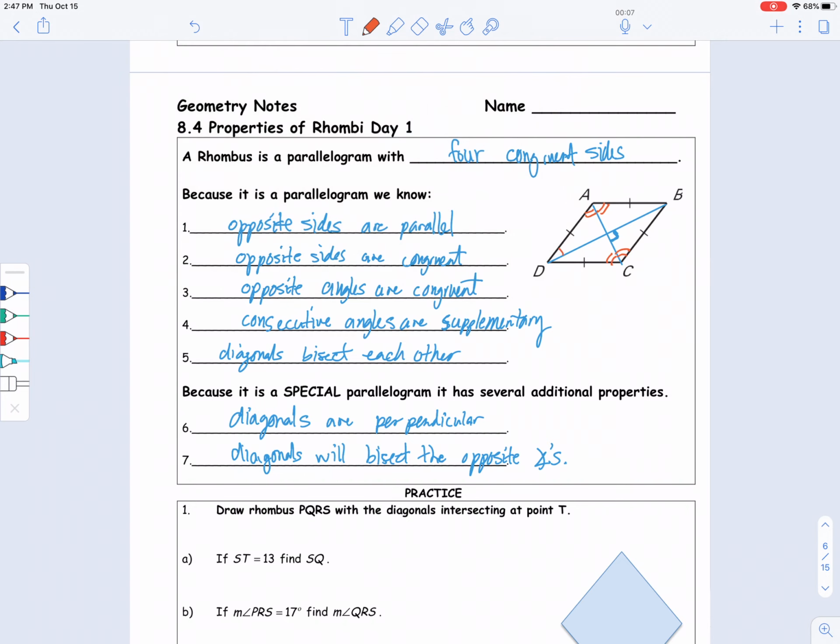Also, these are getting bisected by the segment DB. Okay, so again, review these properties, the 5 from the parallelogram and the 2 additional to the rhombi, and we'll cover all the examples and practice problems for the rhombus in our notes.